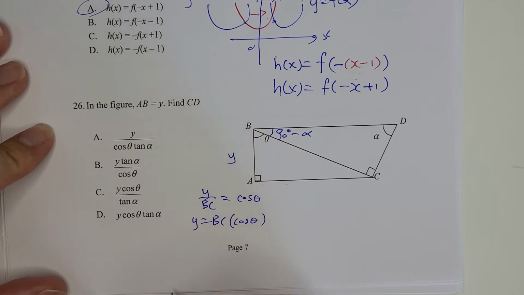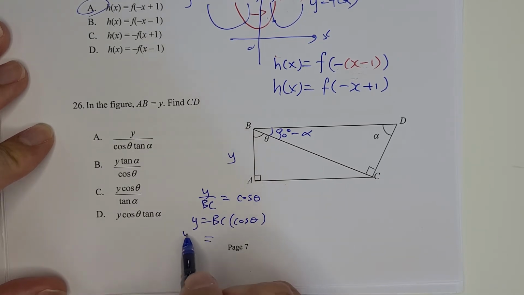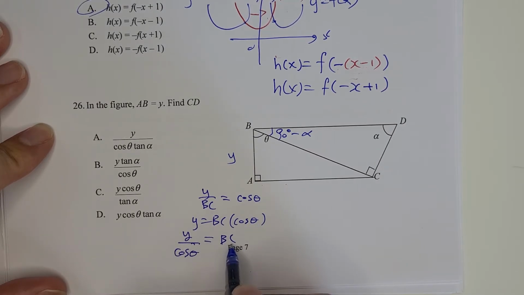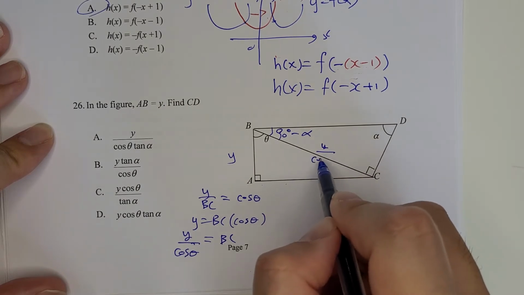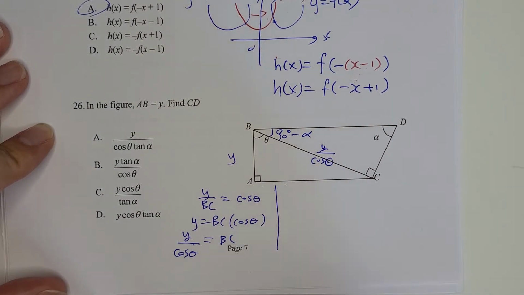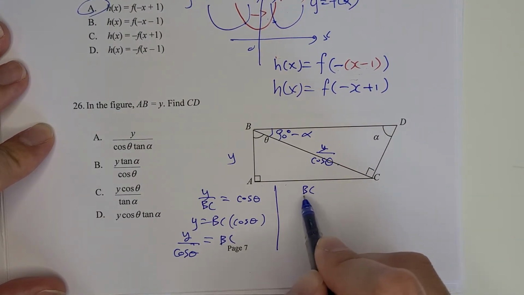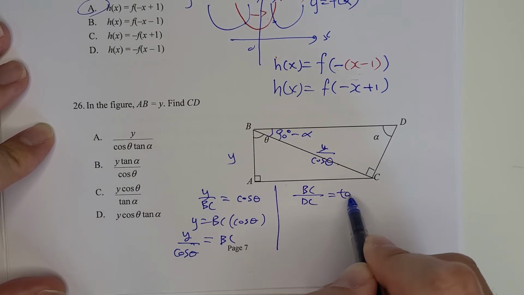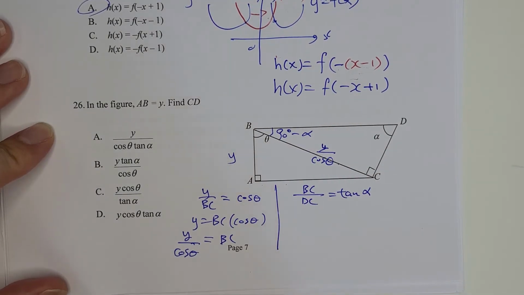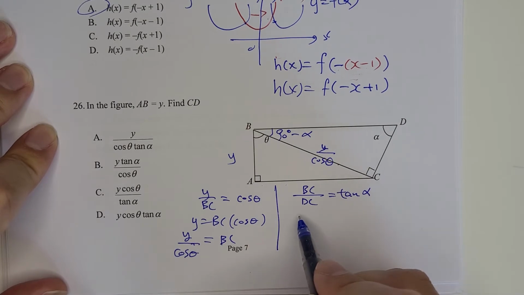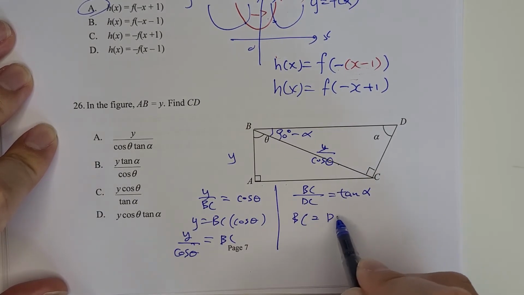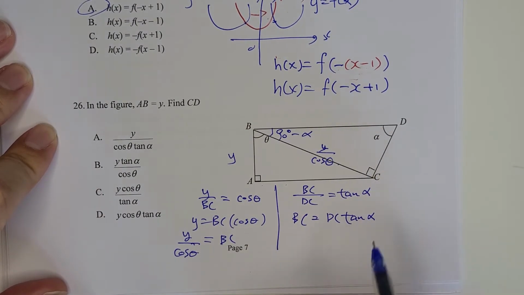and then you can find BC, both side over cosine theta. So that is BC. BC, that is y over cosine theta. And next you can find CD. Okay, BC over DC, that is tangent alpha. So BC equals to DC times tangent alpha.